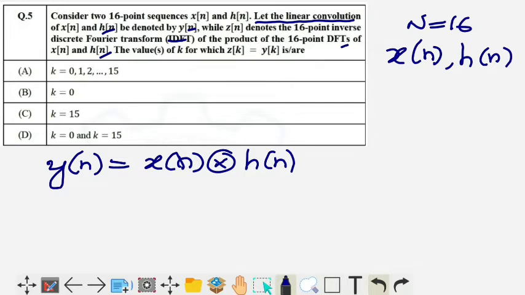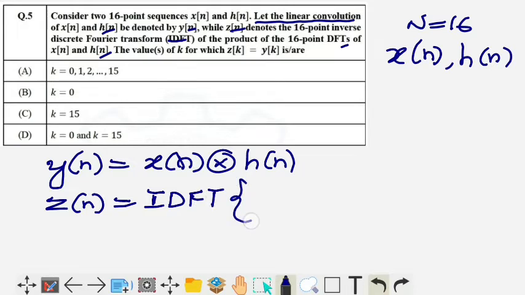While z of n denotes the 16-point inverse discrete Fourier transform of the product of the 16-point DFTs of x of n and h of n, it is saying that z of n is the inverse discrete Fourier transform of the product of the DFTs of x of n and h of n.